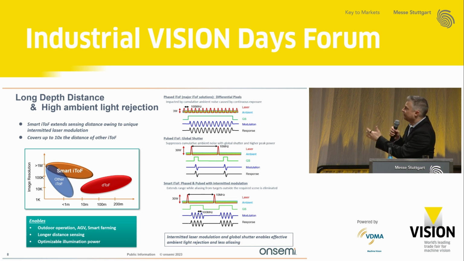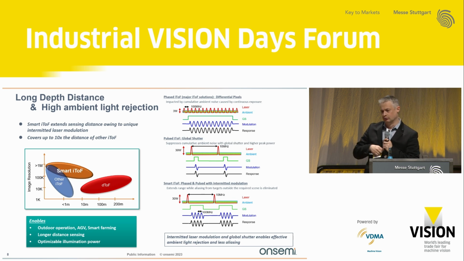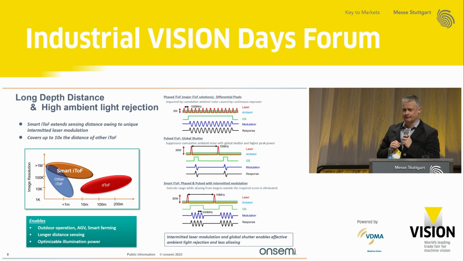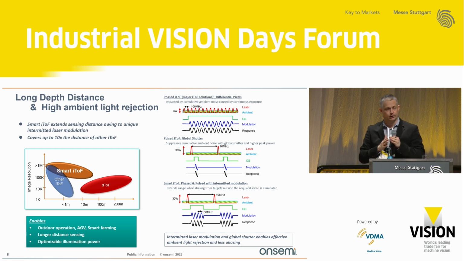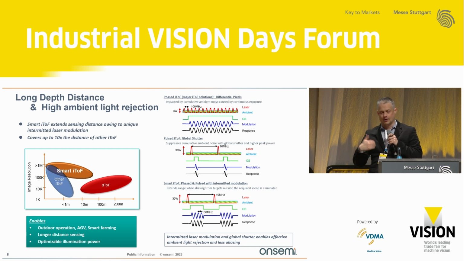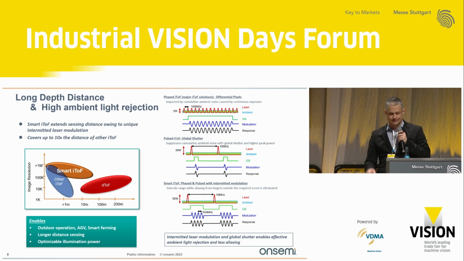The alternate to that is some sort of pulsed global shutter operation. There you have a single short burst of an LED or a VCSEL, and in that case you do need a global shutter architecture, because you need the whole pixel array to be exposing at exactly the same time. Then we get the modulation and deliver a response.